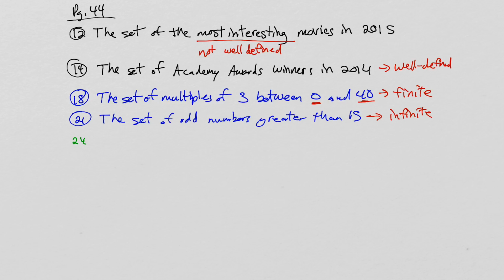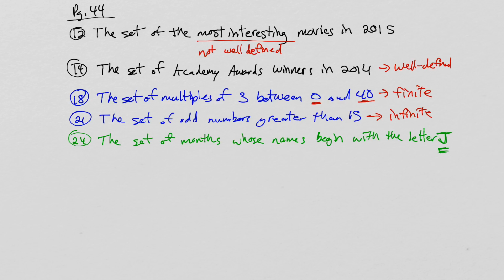Next, 24. Express each set in roster form. Okay. So the sets of months whose names begin with the letter J. Okay.